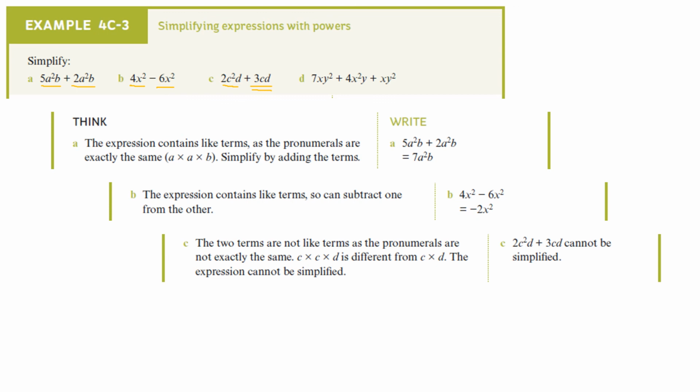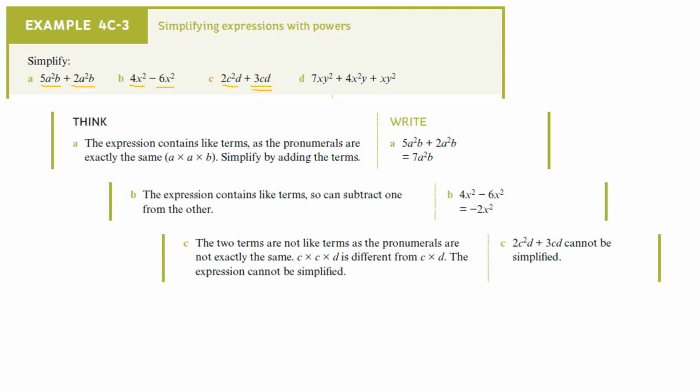Question D, 7xy squared plus 4x squared y plus xy squared. Okay, I now need to see if this one has any matching pronumerals. This x is on its own, this x is squared. They don't match.